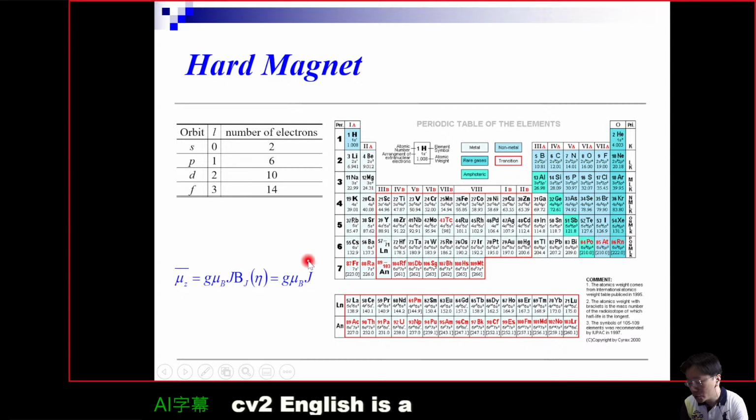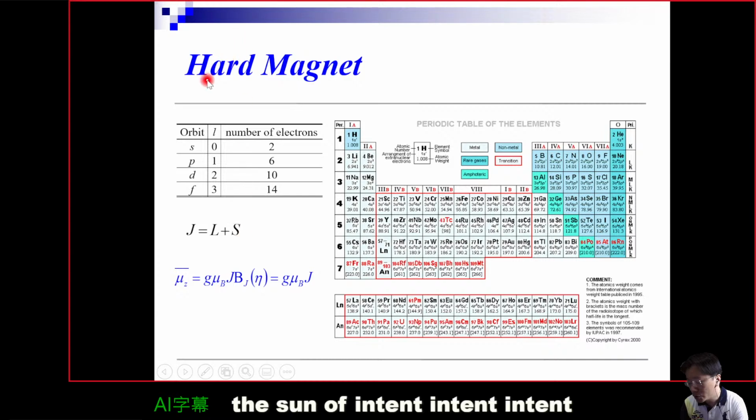And how to increase the J? We know the J is the total angular momentum, that is the sum of the orbital angular momentum and the spin angular momentum. So if you want to look for the hard magnet, you need to find the element that contains very large J. And of course, the J would also follow Hund's rule.